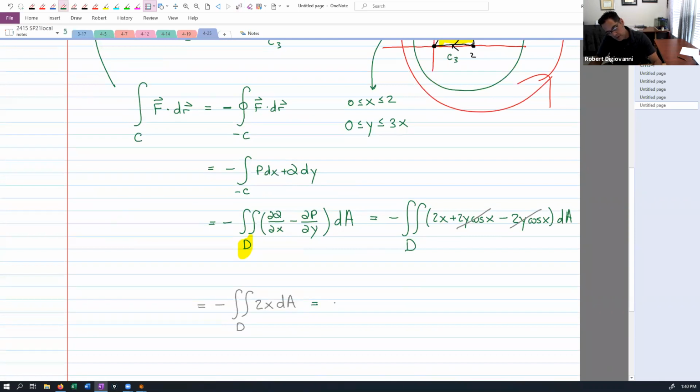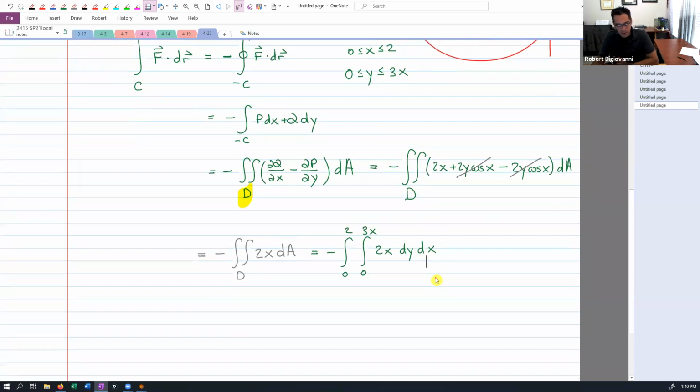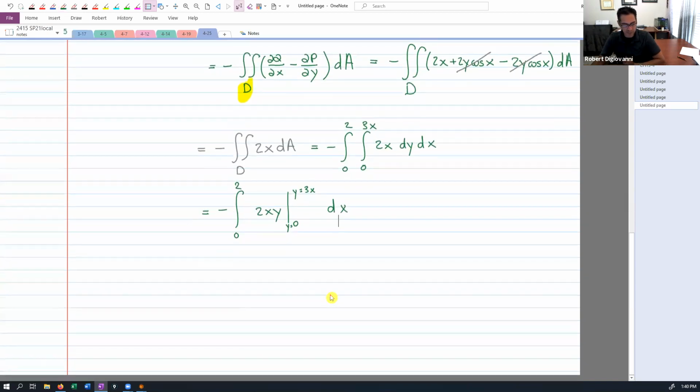So this double integral becomes negative. Let's see, 0 to 2 for the x restriction, 0 to 3x for the y restriction. And we're integrating 2x with respect to y, then x. Y'all doing all right? Okay, the antiderivative of 2x with respect to y is 2xy, and we evaluate that from y equals 0 to y equals 3x. Then we'll integrate with respect to x.